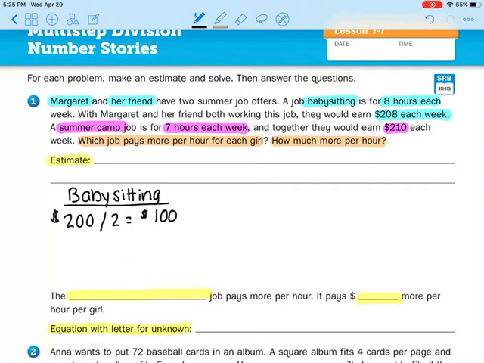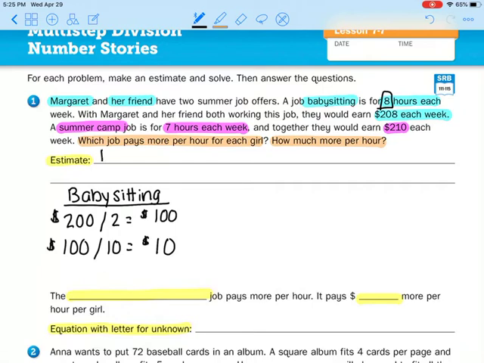Now it says we want to figure out how much they would make per hour. So they're only working 8 hours, which is close to 10. So I'm going to estimate 100 divided by the 10 hours they'd work. Each girl would make about $10. So how would I write that as an equation?